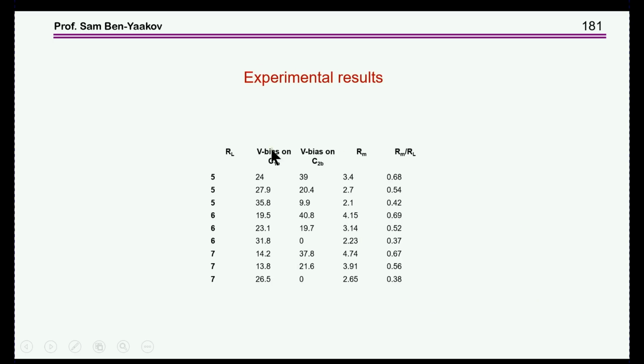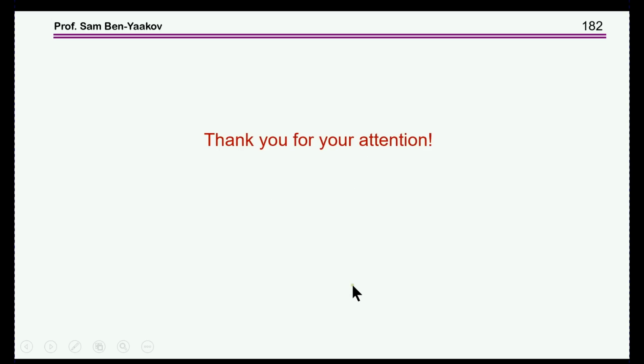So here are some experimental results, which are showing how you can match the actual resistance and get an apparent resistance which is different, and thereby change the ratio of the power and efficiency. So this is another possible application.